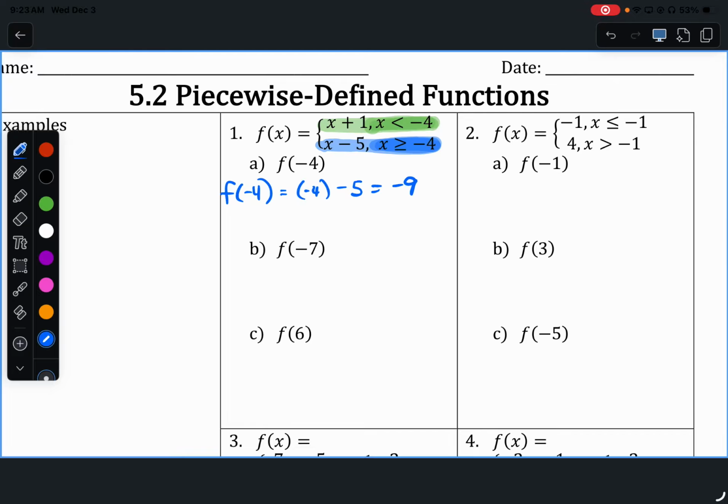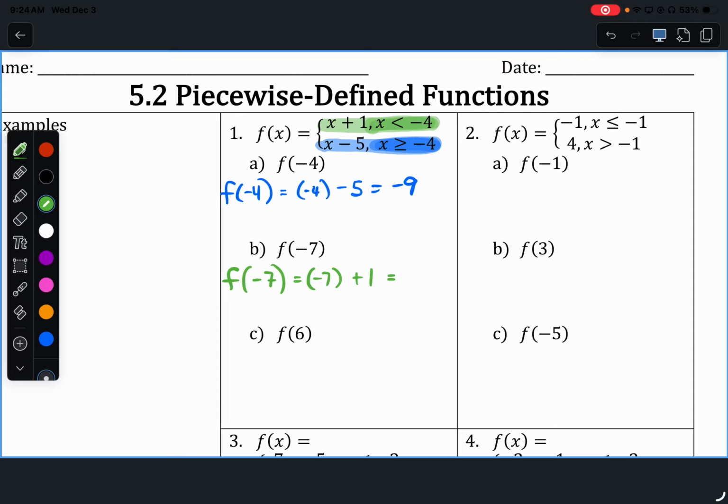So first, we are going to plug in negative 3. Is negative 3 less than or equal to negative 3? Yes. Okay, so we're going to use that first equation. So f of negative 3 equals what? 1. Do I need to do anything else? No, that's just the answer.